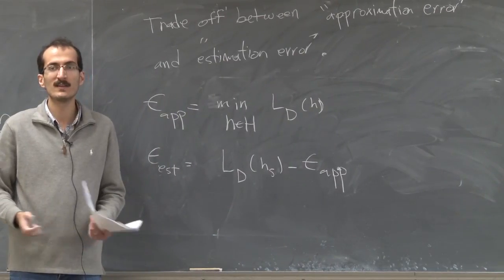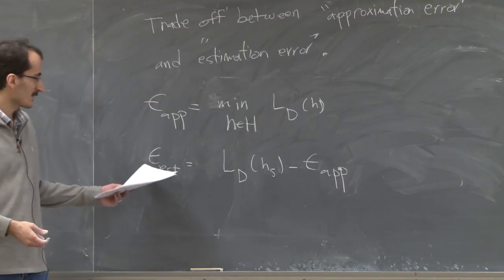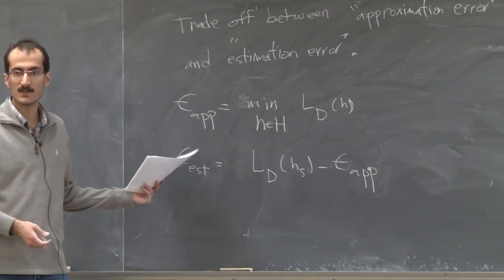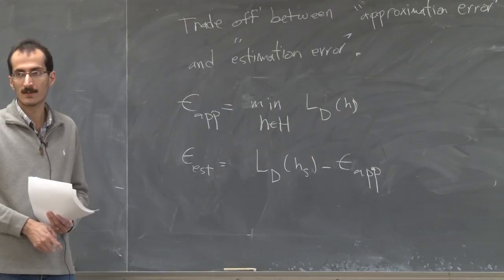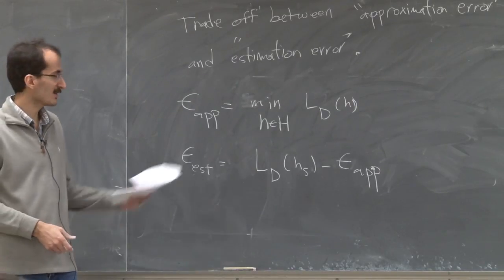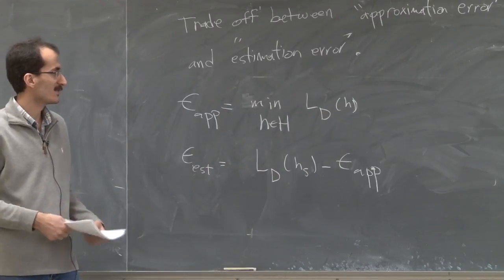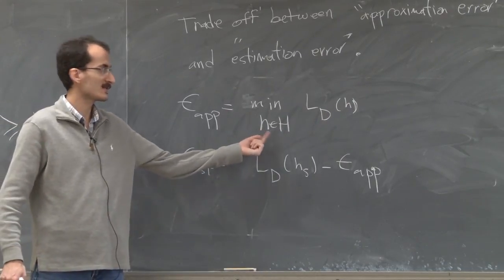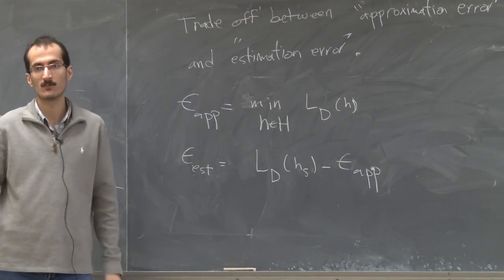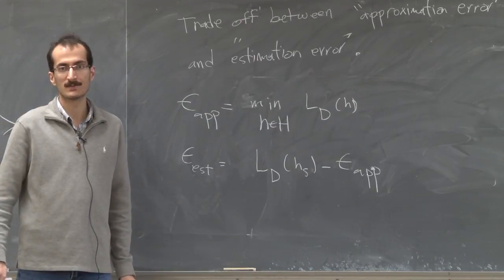So the no free lunch theorem shows that for large classes, the estimation error is large. For small classes, the approximation error will be large because there might not be a good hypothesis in the class. We limited ourselves too much.